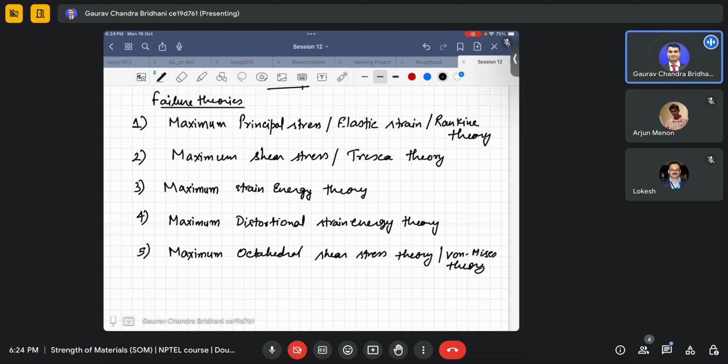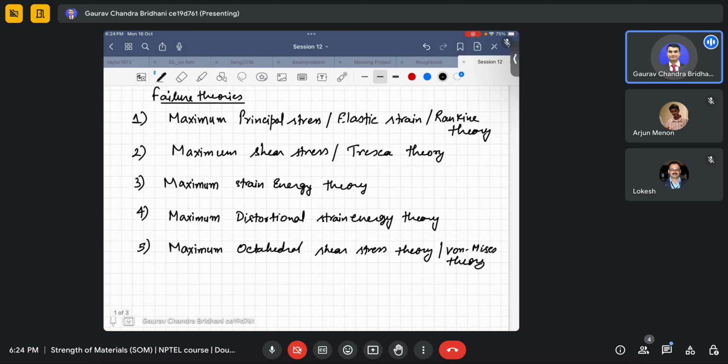Why do we need failure theories first of all? Basically we need failure theories to define a state of stress beyond which there will be imminent failure.